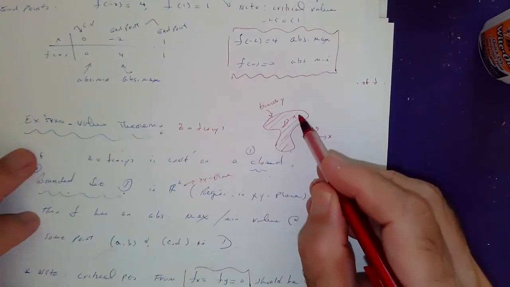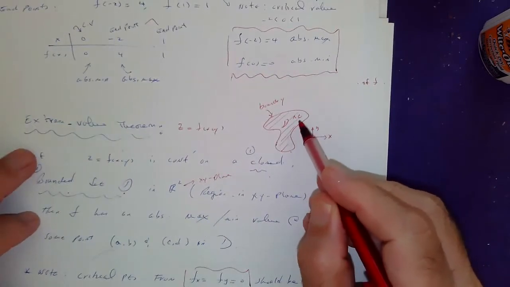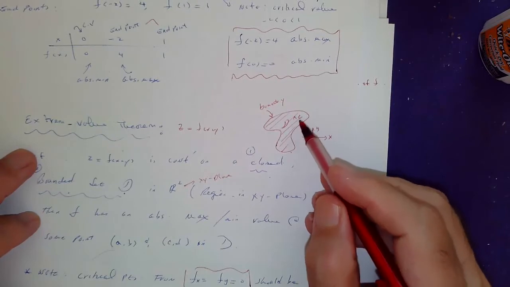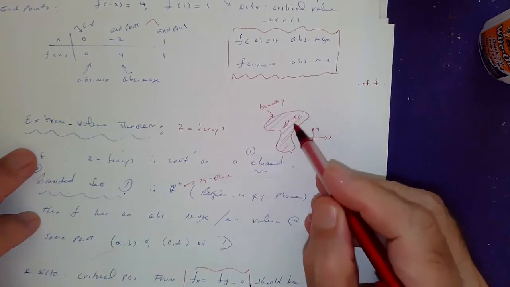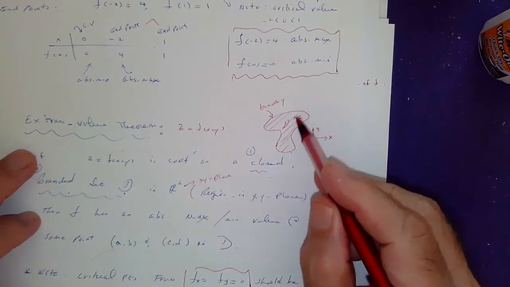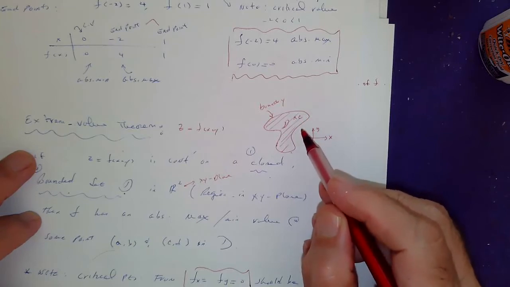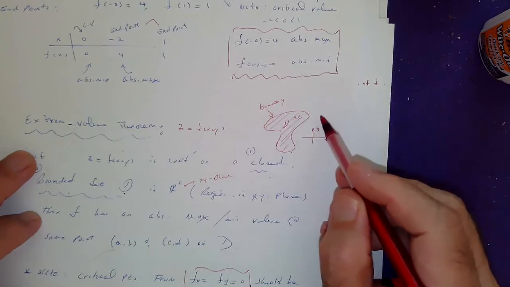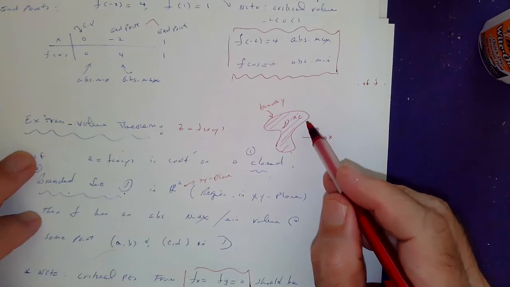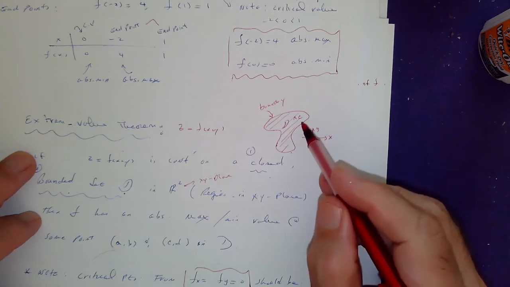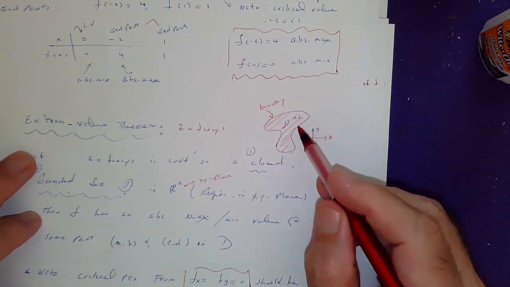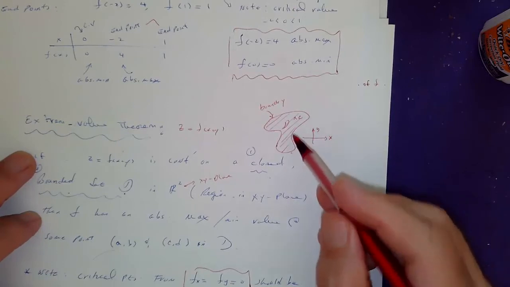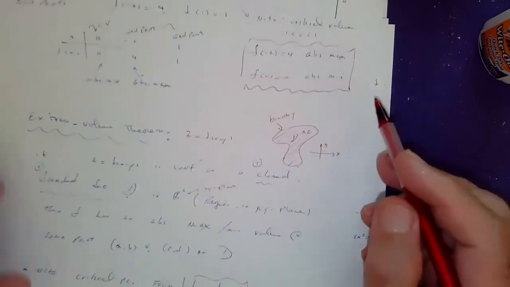In other words, your critical values have to lie in the interior of your closed and bounded region. If they are outside of the region, they are not considered to be critical values. They have to lie in the interior of the closed region, which they will give you in any given problem.